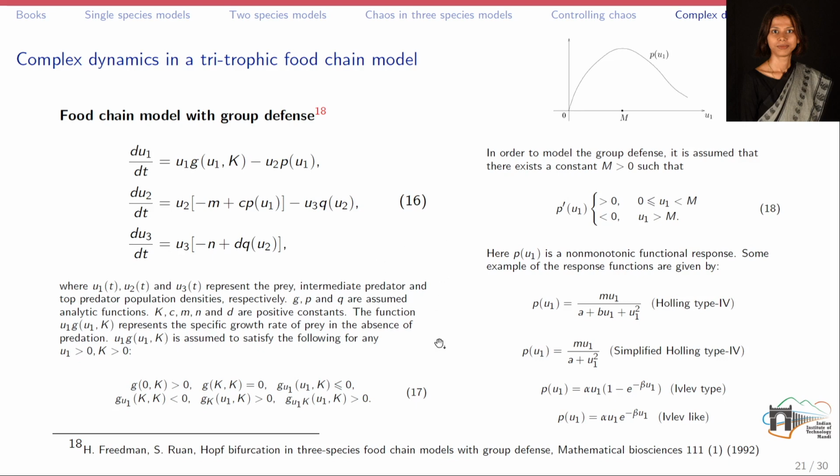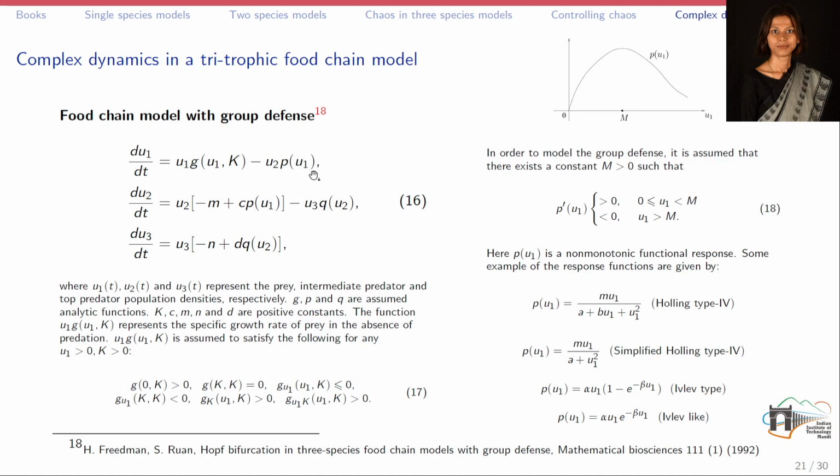But there are rarely any studies where group defense is studied in a three species food chain model. So we tried to see how we can model group defense in a three species model. For that purpose, we considered this standard mathematical model, where this is the prey population growth, and this is the decay in the prey population.